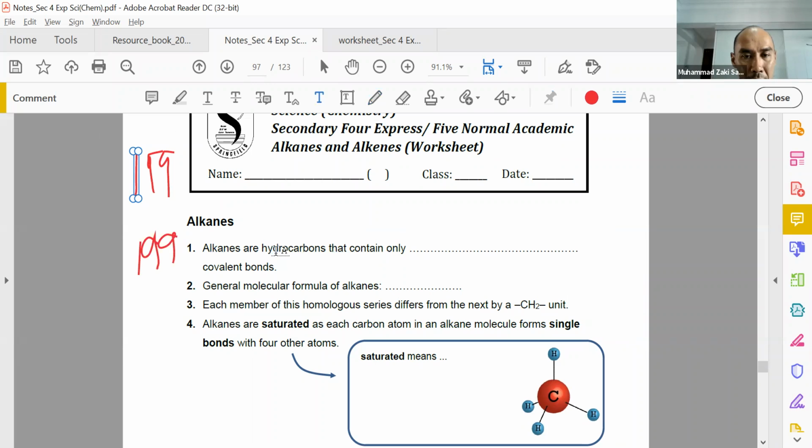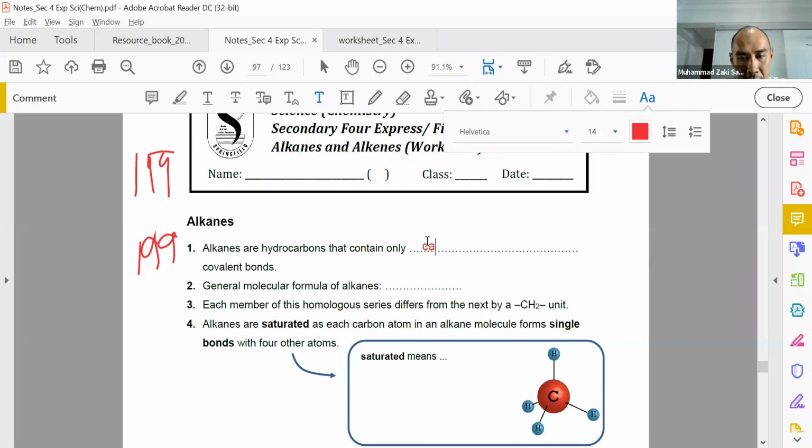Alkanes are hydrocarbons that contain only carbon and hydrogen. Write it down. Bonded by single covalent bonds. Single covalent bond.